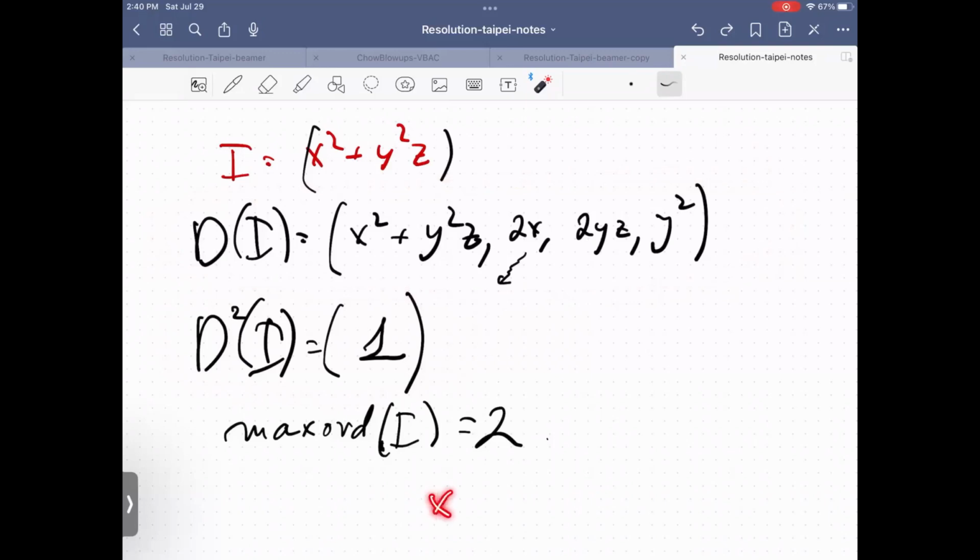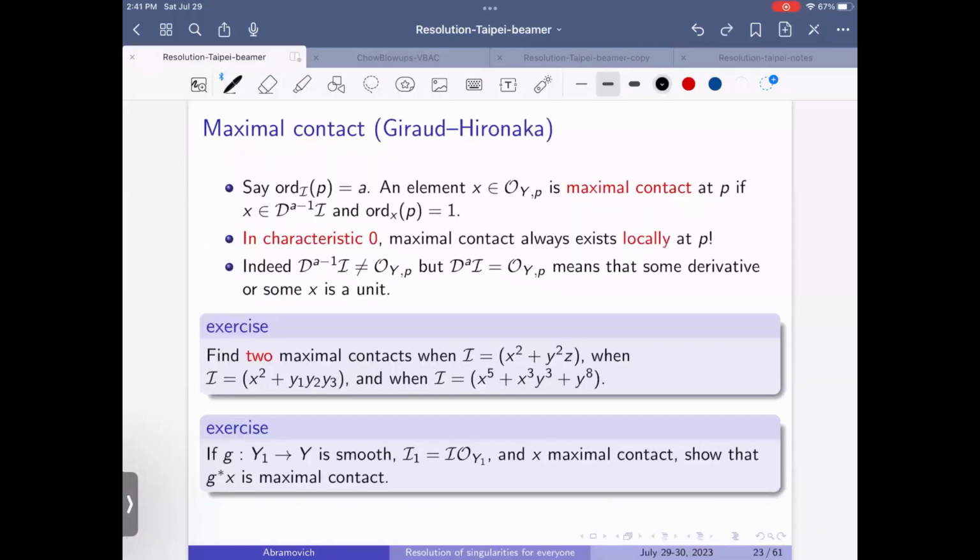So X is a maximal contact, but so is X plus Y squared. I have the Y squared, I can add that, and the X derivative is still a unit. So it's not unique. That is going to be part of the trouble that Hironaka needed to overcome and we need to overcome.